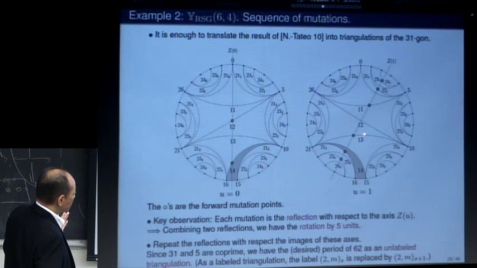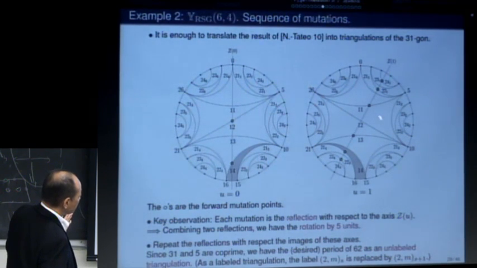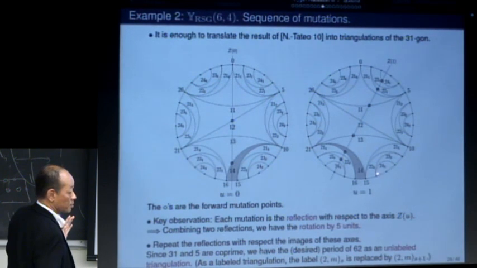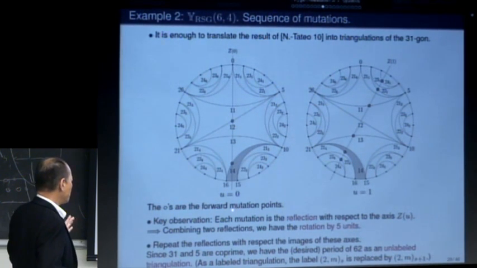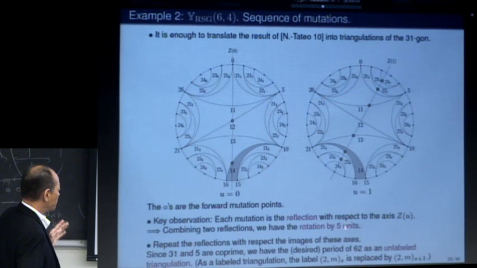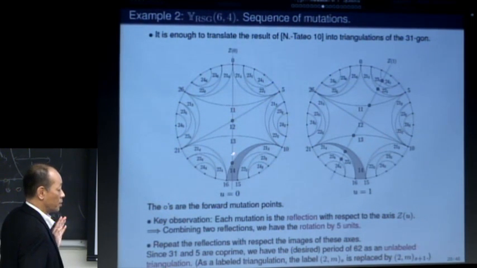And if you really flip this, what you get is again a reflection along this new axis. So what I mean is each mutation is a reflection with respect to a certain axis. But if you make a reflection twice, you get a rotation.